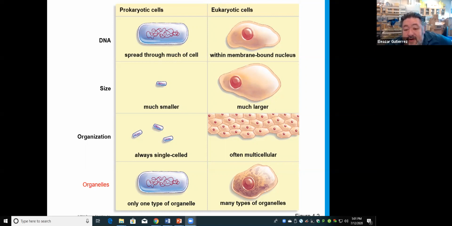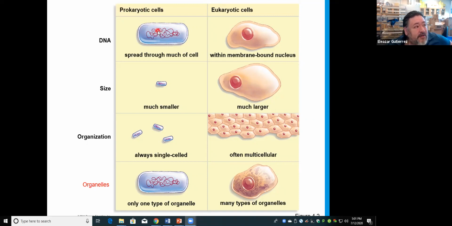So on the right, we have eukaryotic cells. On the left, we have prokaryotic cells. We usually bring about four main things that distinguish these cells. Number one, DNA. As we just discussed, in eukaryotic cells, it is membrane bound in the nucleus. In prokaryotic cells, it is not membrane bound.